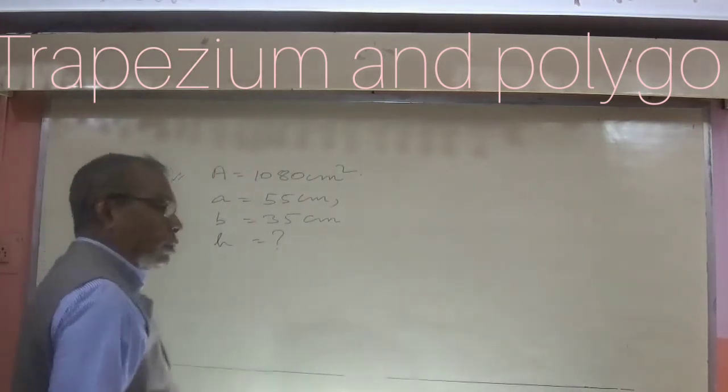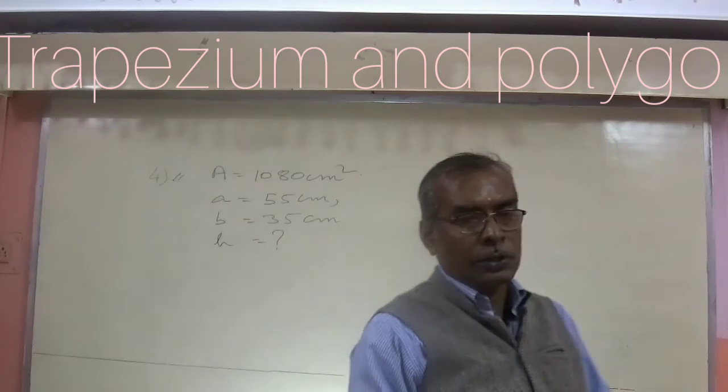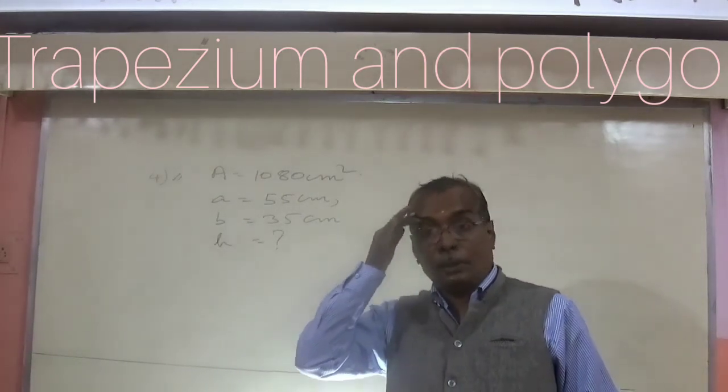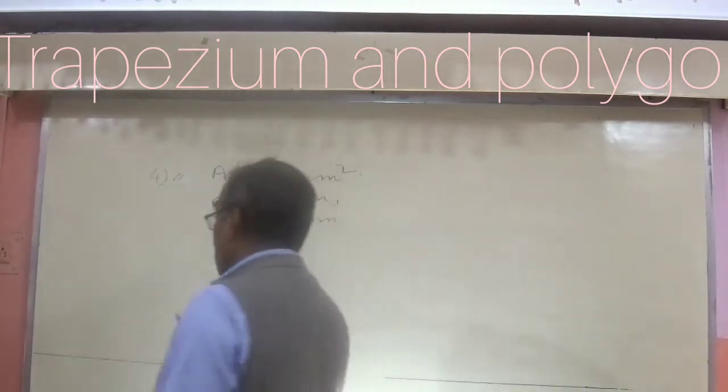I have told you that out of the 4 parameters, 3 will be given to us. Here H is not given, A and B and area are given. So put the values here.